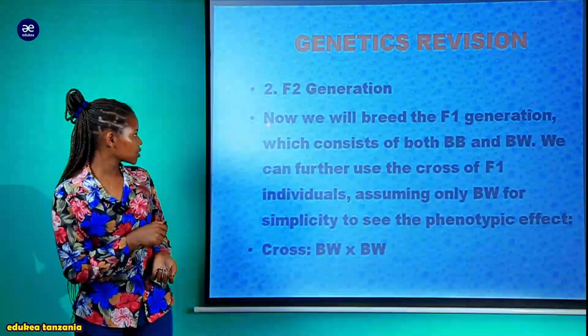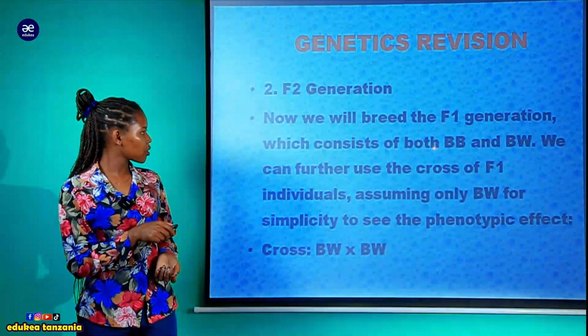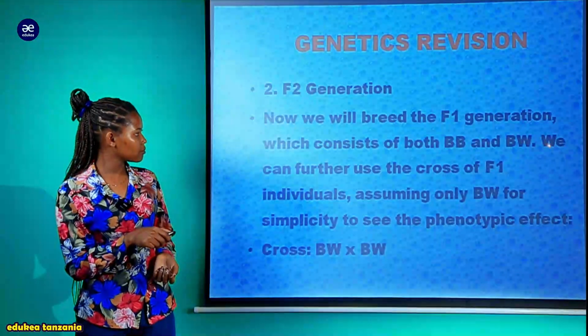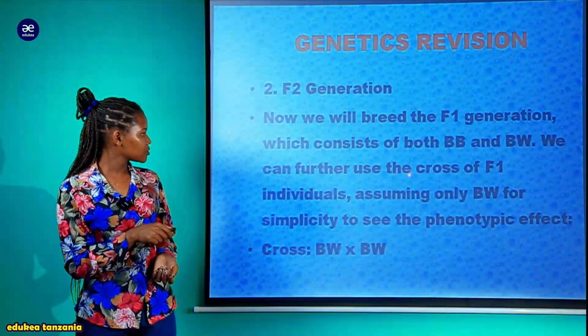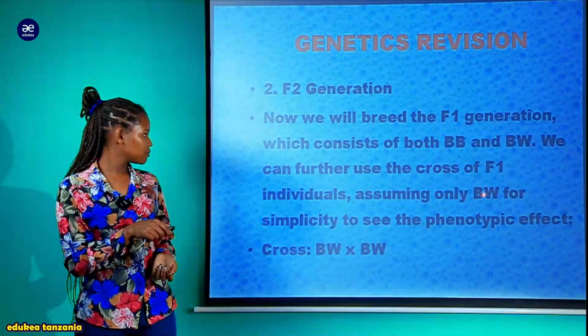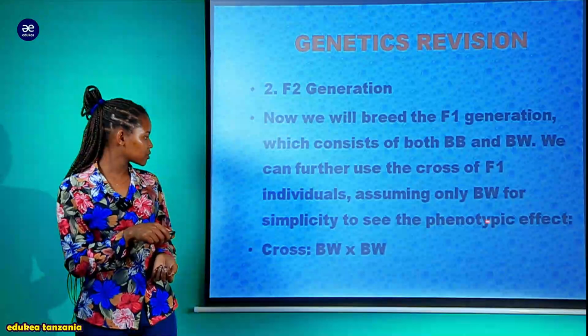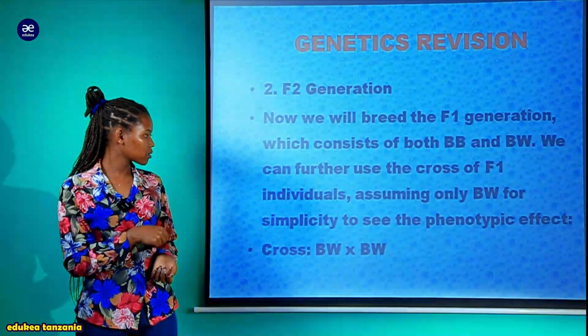But on the F2 generation now we will breed the F1 generation, which consists of both BB and BW. We can further use the cross of F1 individuals, or assume only BW for simplicity, to see the phenotypic effect of the crossing.